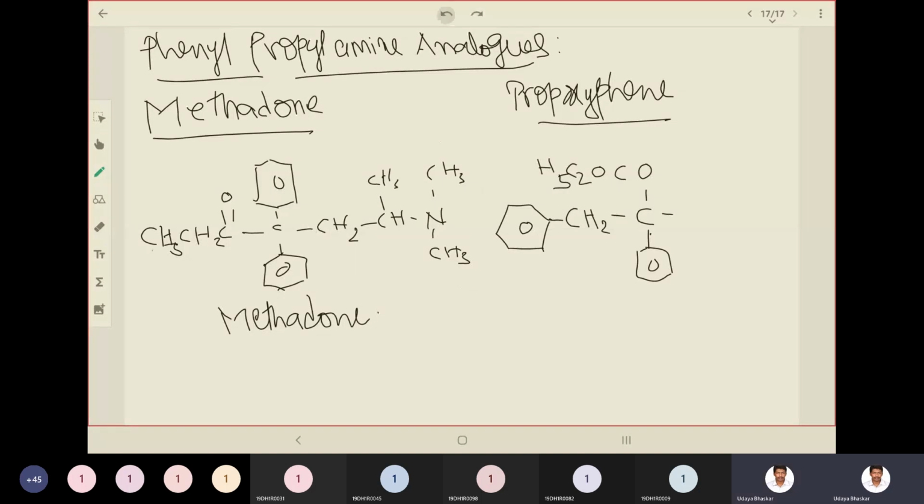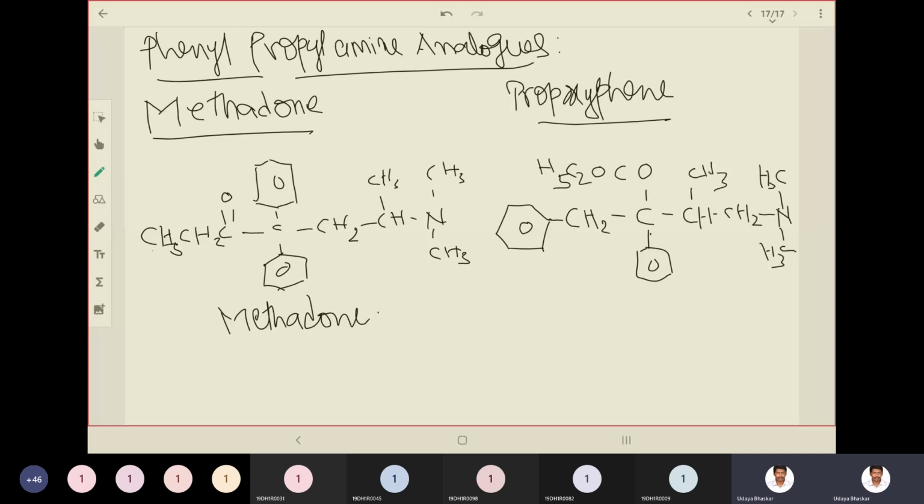So CH, CH2, N, CH3. See, the methyl group is on this carbon, whereas in methadone, the methyl group was on this penultimate carbon. So this is the comparison of propoxyphene with that of methadone.